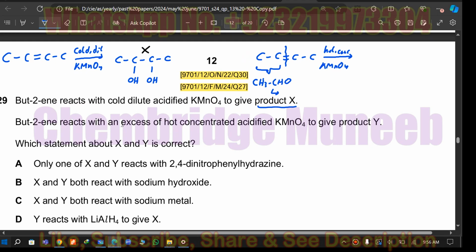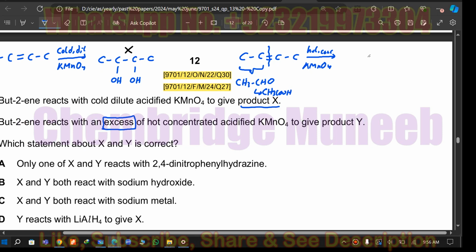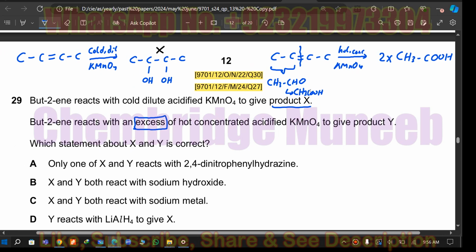Why will it further react? Because of the excess oxidizing agent, this aldehyde will further convert into the carboxylic acid. So I can write the final product here, CH3COOH, the ethanoic acid. There are equal parts of this butene, so you can say that 2 moles of ethanoic acid will be obtained as a result of this reaction.